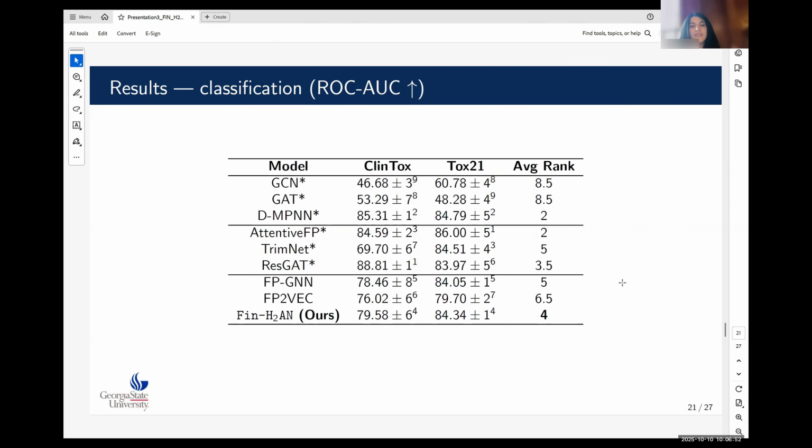If we take the second type of classification, which is about toxicity properties, we find that our model is outperforming only the fingerprint-based ones, but it's not outperforming the graph-based ones. This means that these toxicity properties depend more on the atomic level information and not the fingerprint level information.